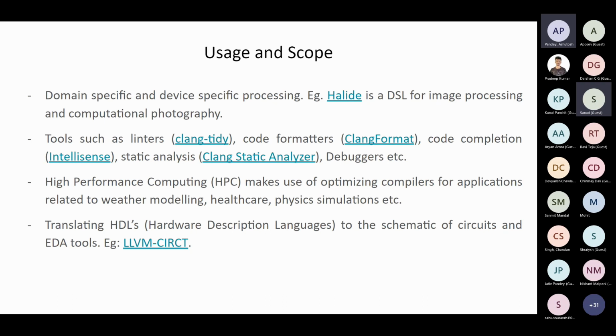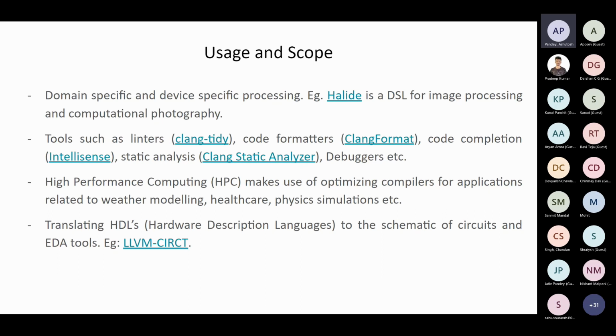Then again, a lot of the tools that programmers take for granted every day are also built with compiler technologies, either some part of the tool chain or all of it.